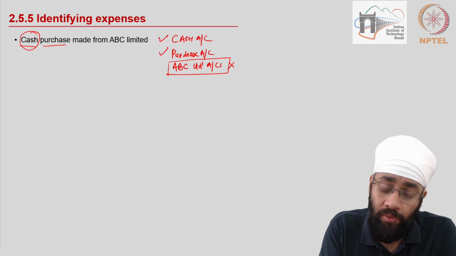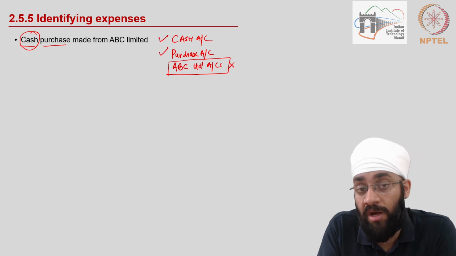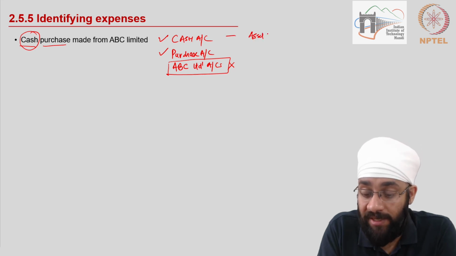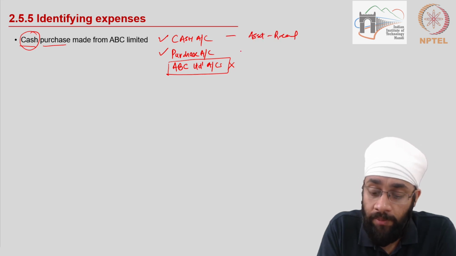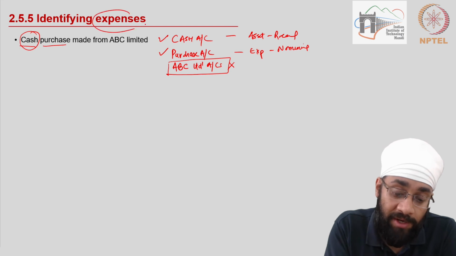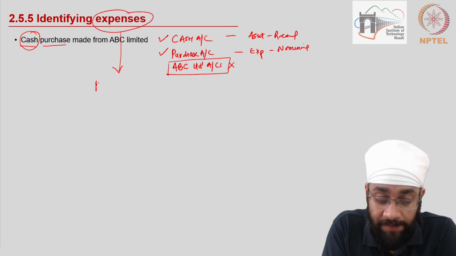So the only two accounts which you should be bothered about are these two, cash and purchase. Cash is an asset and hence real account. Purchase is an expense and hence a nominal account. We had to identify expense, and expense in this slide is purchase account.